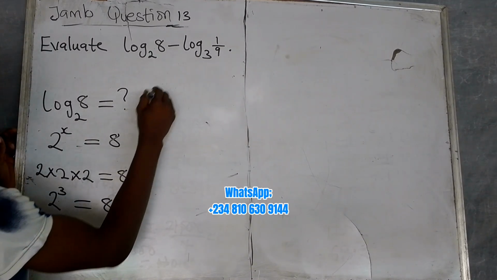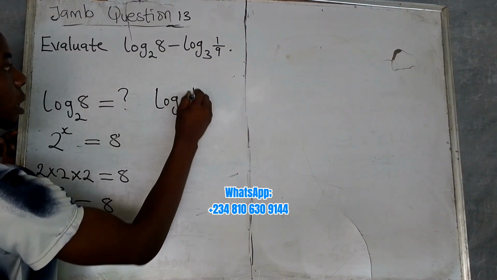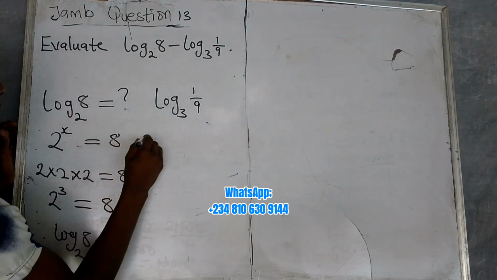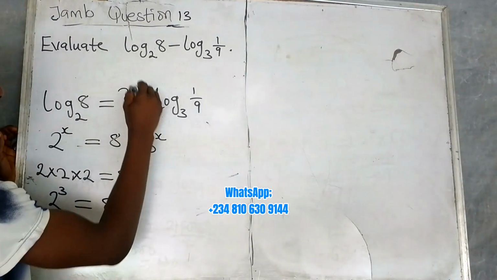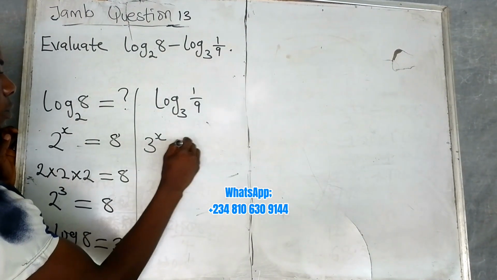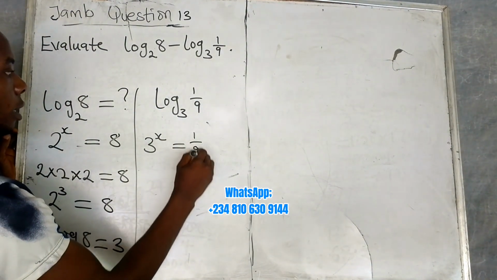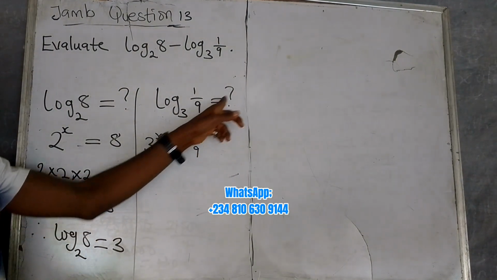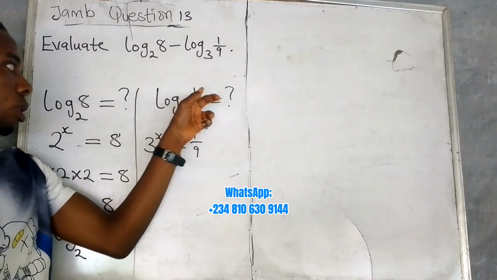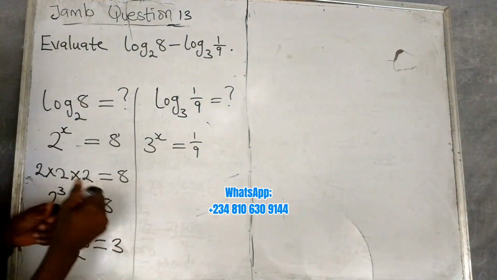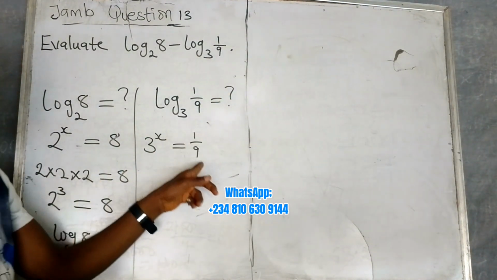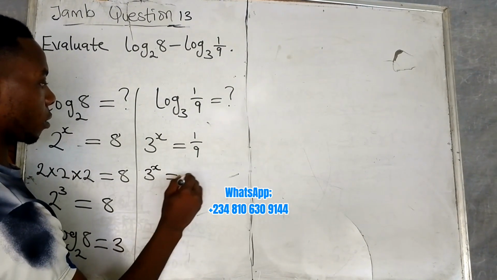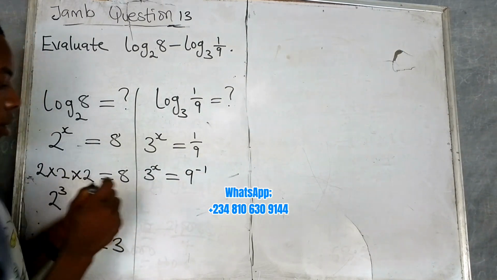So we solve the second one, which is log₁/₉ to base 3. Remember, it's equal to an unknown. So we say 3 raised to the power of the unknown, which we say is x, is equal to 1/9. 1/9 is the same thing as the reciprocal of 9, that is 9 raised to the power of -1.